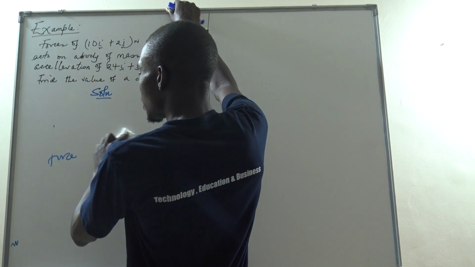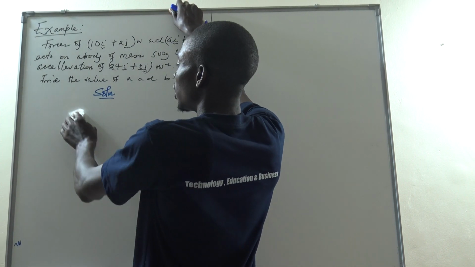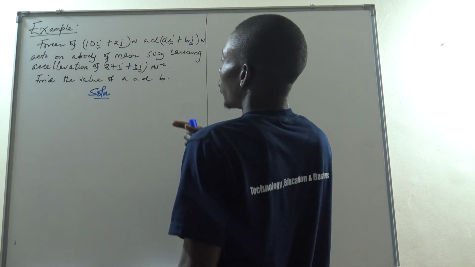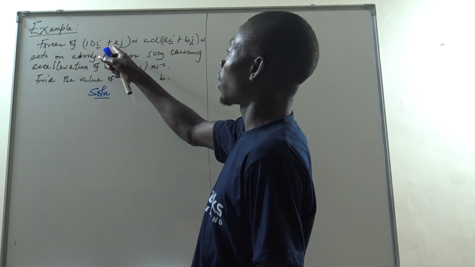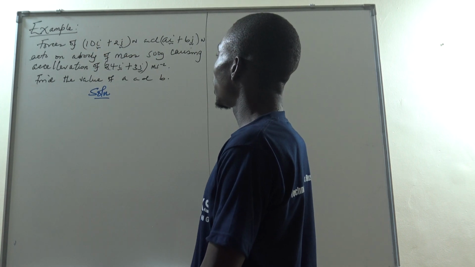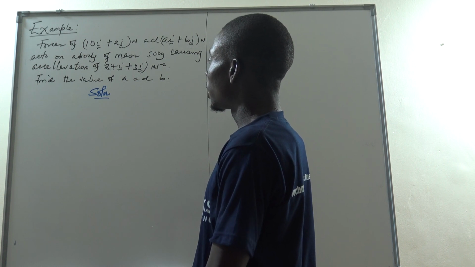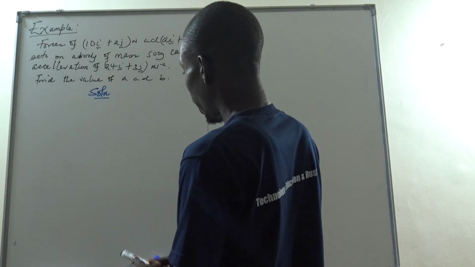Here with us is an example, and it says that if a force of 10i + 2j and ai + bj acts on a body of mass 500 grams.